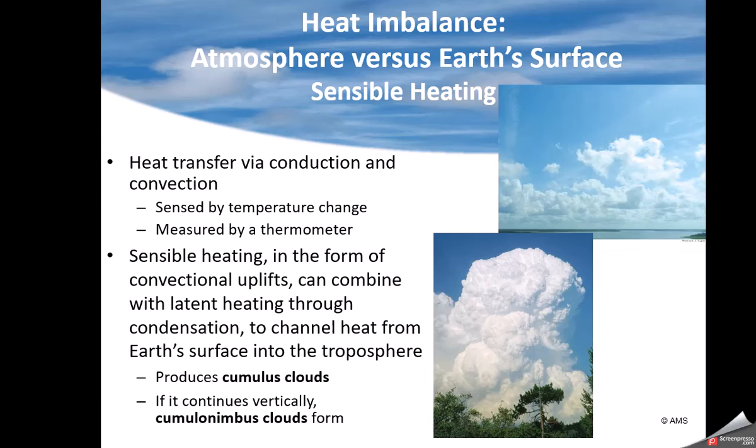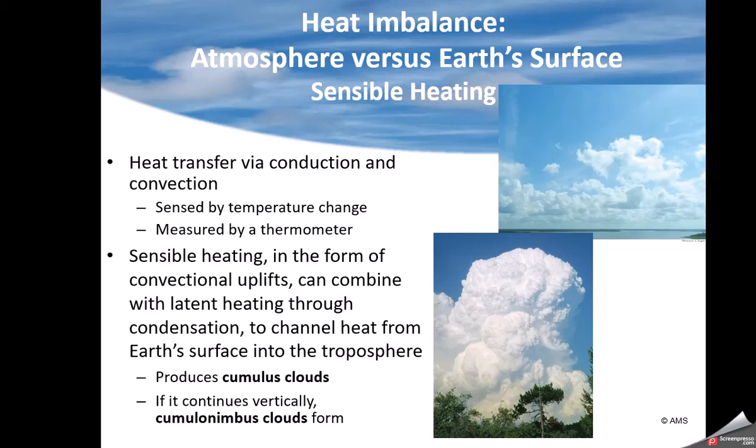So heat transfers between conduction and convection are measured by temperature change, or a thermometer. Sensible heat, which includes convection and conduction, you can really notice in the summertime in cumulus clouds. When they start going up, think about it, that cloud is releasing water vapor going into a liquid, so it's releasing heat.